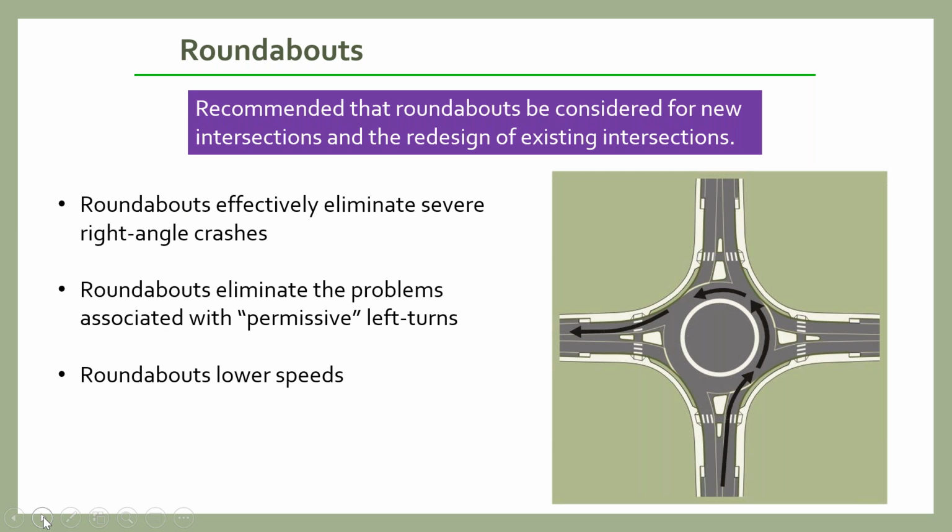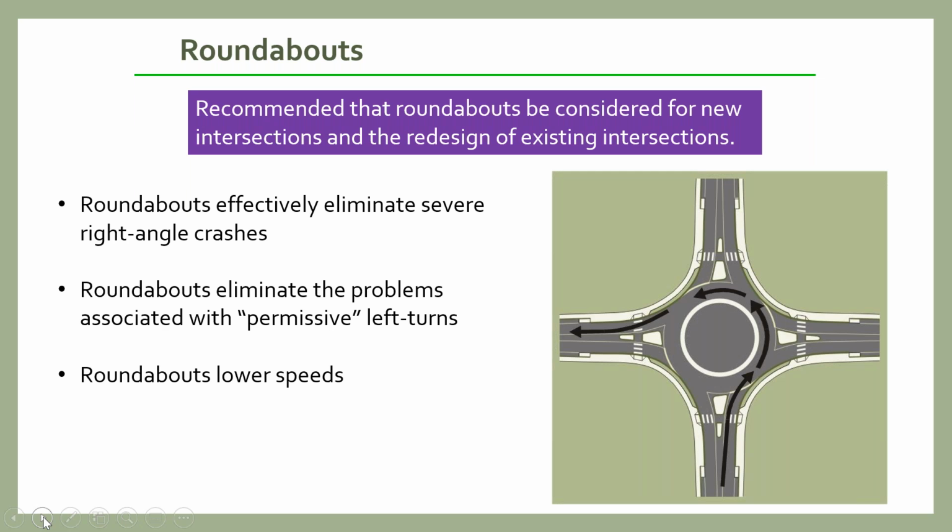So instead of a collision occurring at a 90-degree T-bone type of crash from a red light running incident or blowing through a stop sign, if we have that same incident occur at a roundabout, the angle of impact of that collision, instead of being 90 degrees, is going to be more along the lines of 40 to 50 degrees.